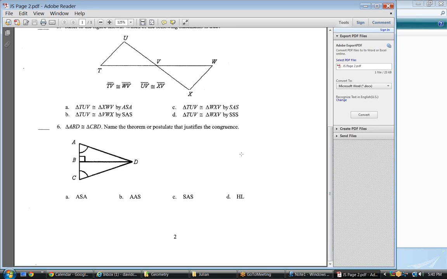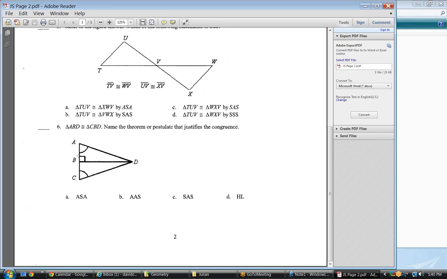What's the postulate on number 6? Angle side angle? So tell me what the angle and the side and the angle would be. The right angle, the middle line, and then the angle A. The middle line, they don't say that AB is equal to BC.